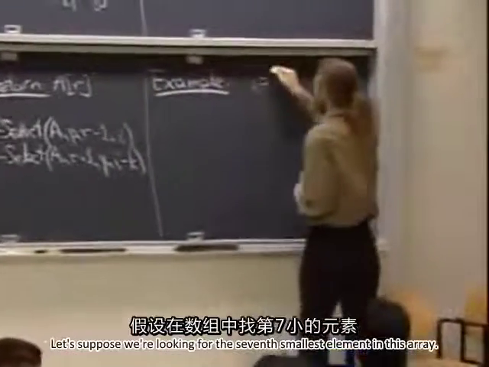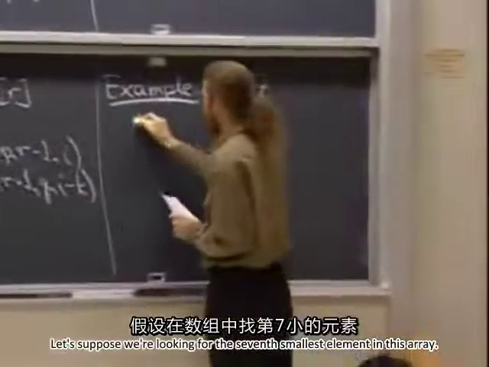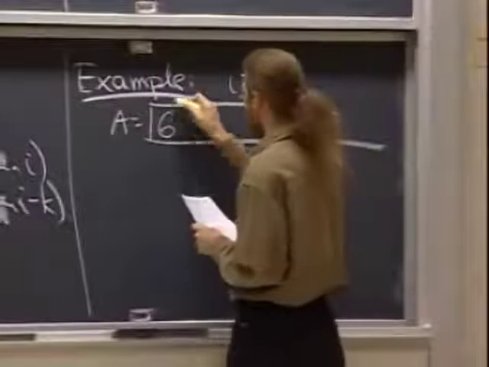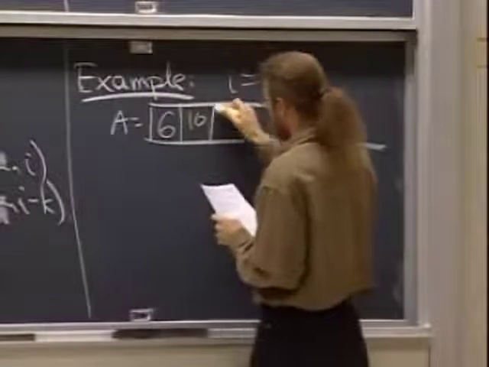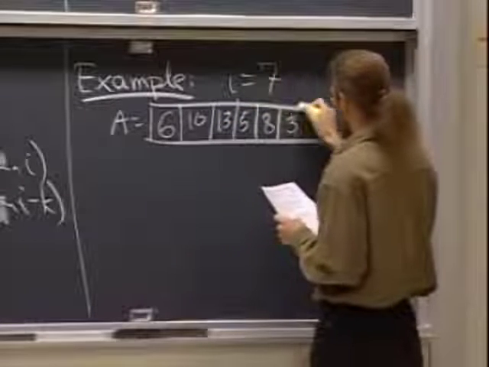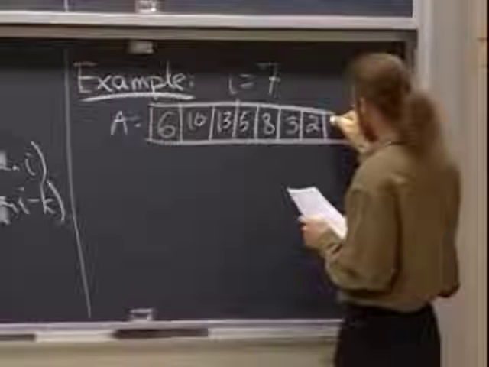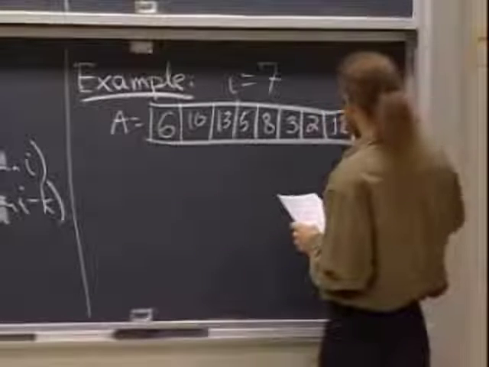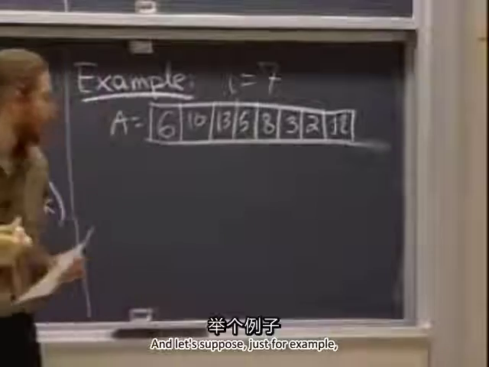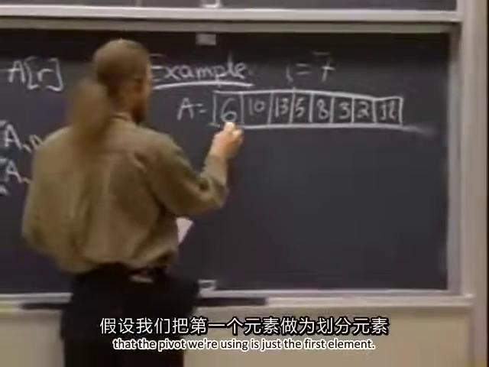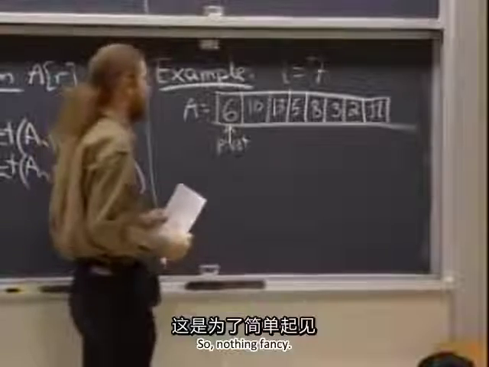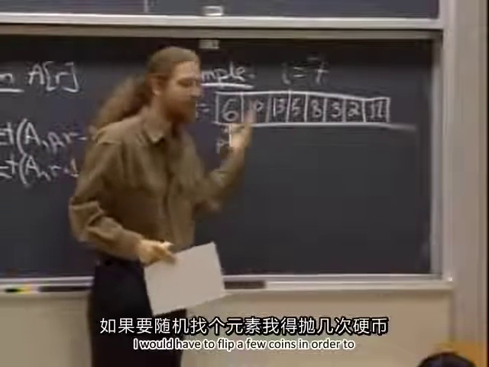So let's suppose we're looking for the 7th smallest element in this array. And let's suppose, just for example, that the pivot we're using is just the first element. So nothing fancy. I'd have to flip a few coins in order to generate a random one.